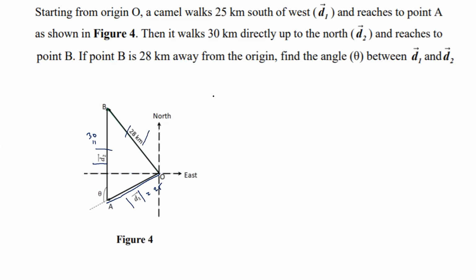So basically, I'm giving you a triangle and I give you the three magnitudes. And now I'm asking you this angle. The angle that I'm asking you is this angle theta actually. But you can get it by getting this angle first. If you get this angle, it will be just 180 minus this angle here.